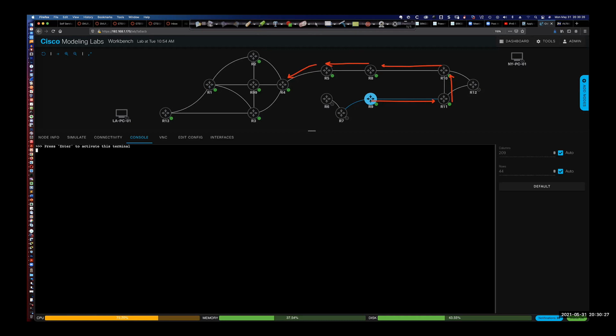Or is EIGRP smart enough to look at that interface, see what the subnet mask is, and then advertise that as the EIGRP network from router 13?